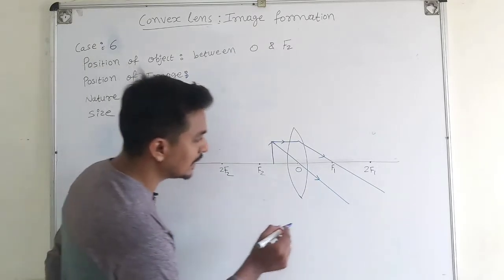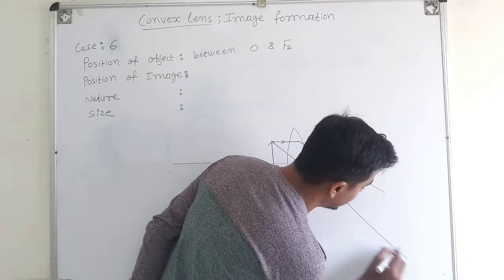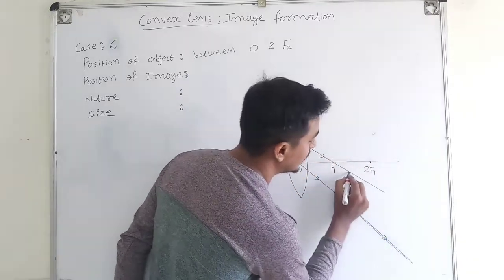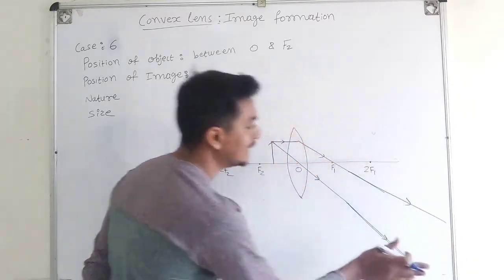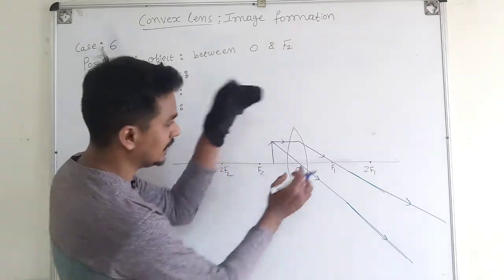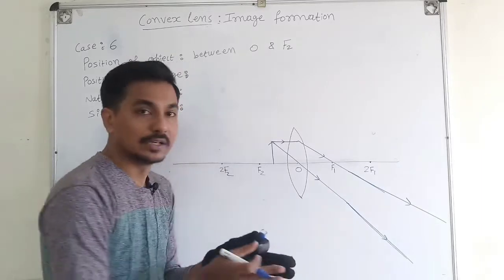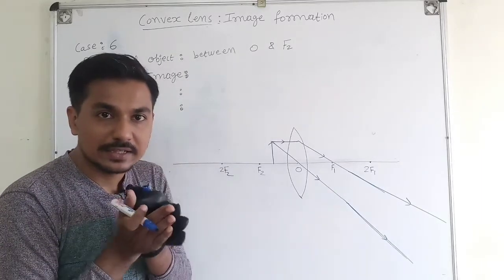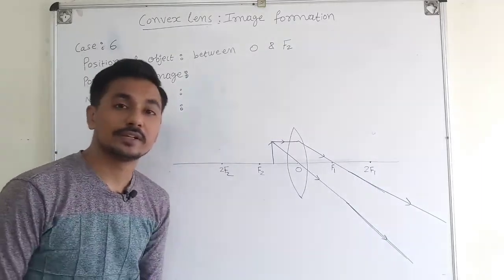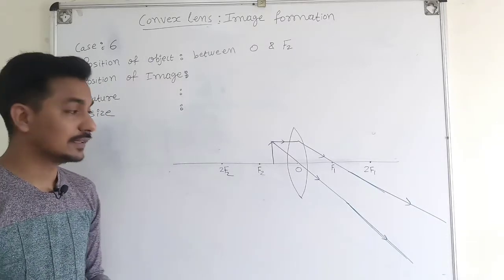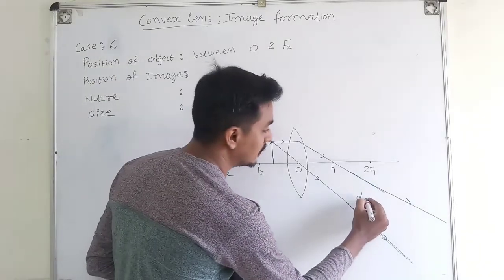Here you can see that as the rays move ahead, the distance between the rays increases, right? So here they are closer, here they are far. So when the distance between the rays is increasing, this type of rays are called divergent rays.